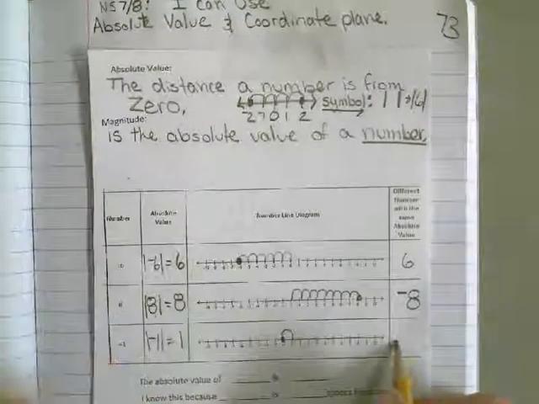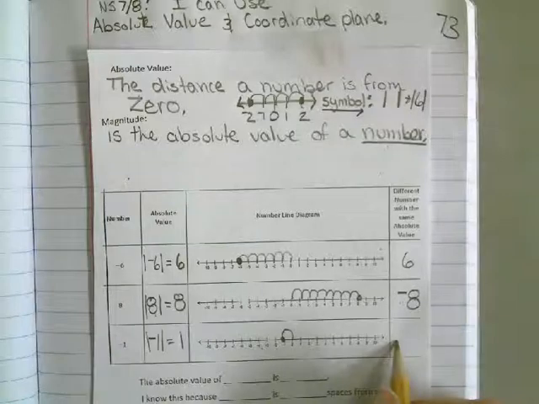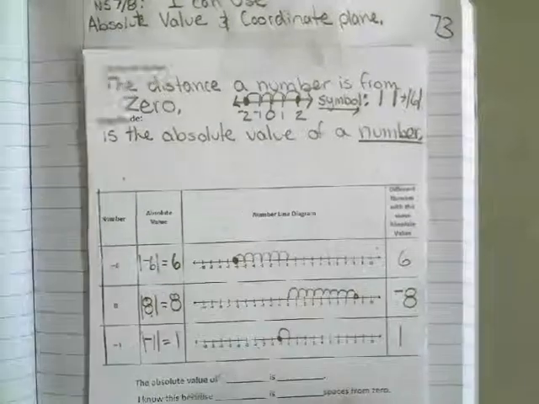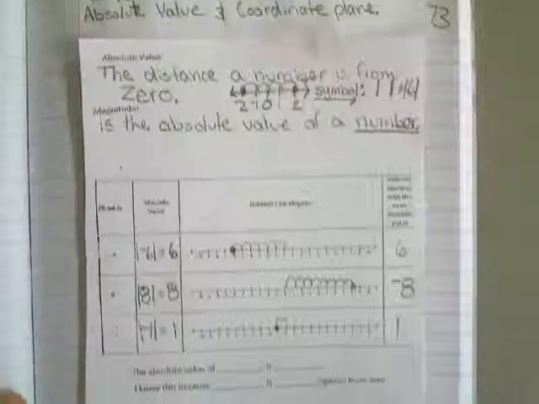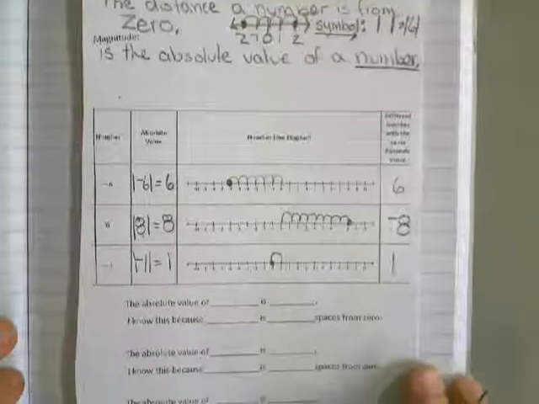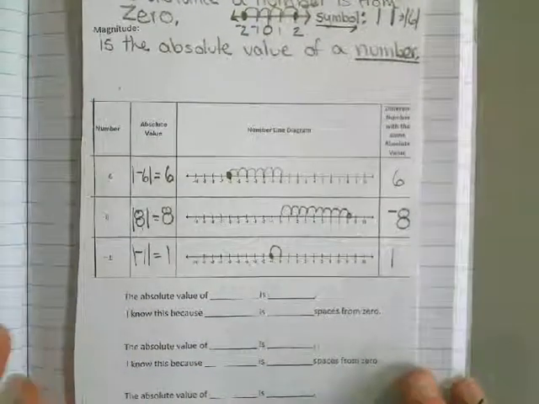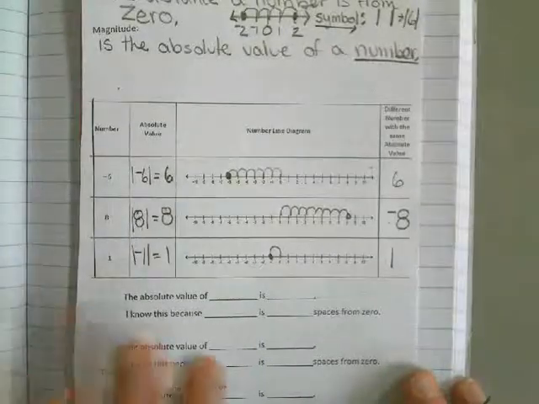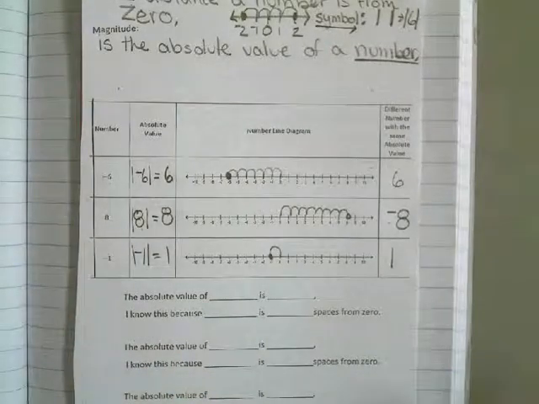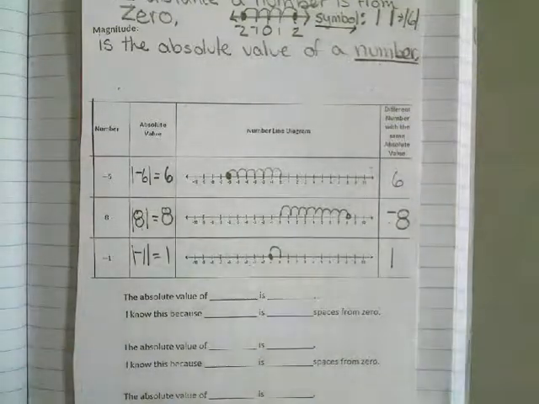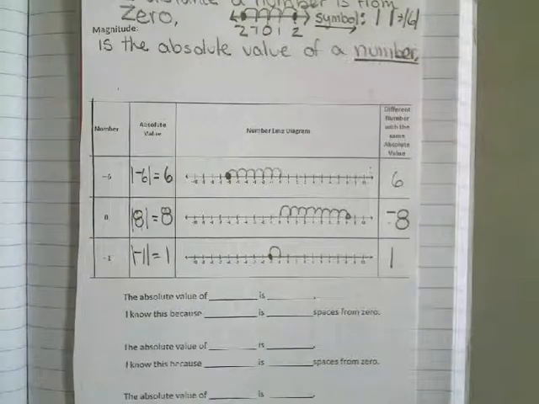Can you think of a different number? Tino? 1. Yeah, exactly. Okay? So as you can see pretty quickly, I think, for any number there's a matching absolute value. There's one absolute value, but for two different numbers, they share the same absolute value. Okay? You know what I'm saying?